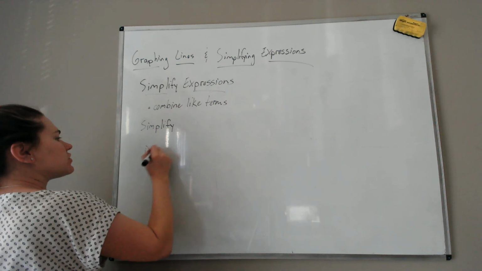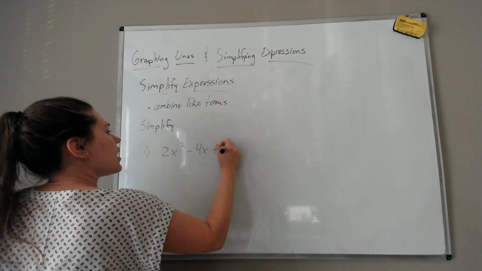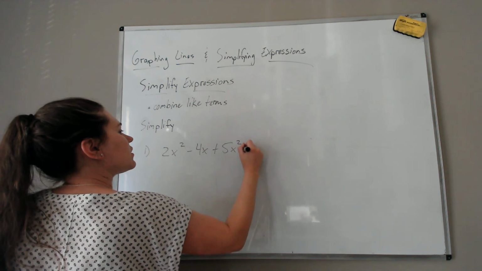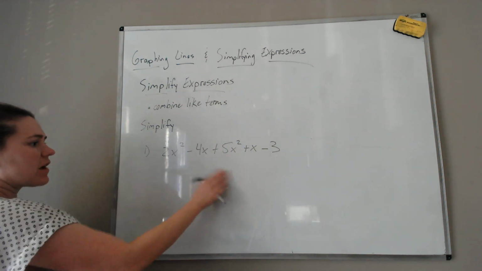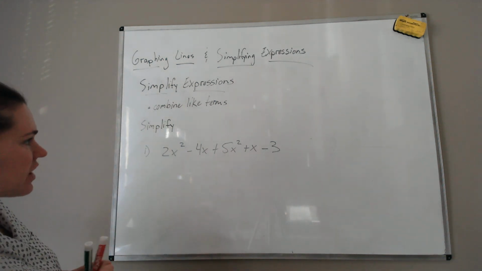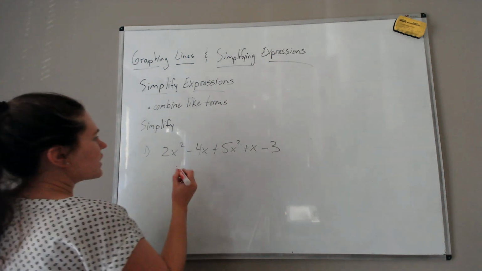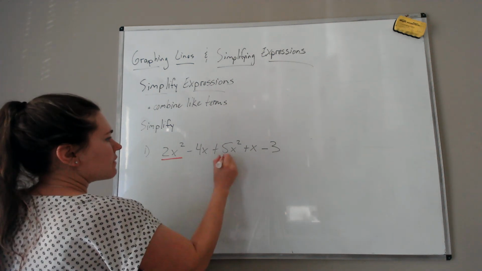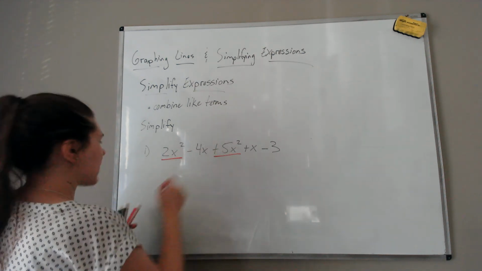So if we had 2x squared minus 4x plus 5x squared plus x minus 3. And we were told to simplify this expression, okay? So you want to look to see if you just have an expression, how we can combine like terms. So like terms, 2x squared and 5x squared are like terms because they have the same variable raised to the same exponent.